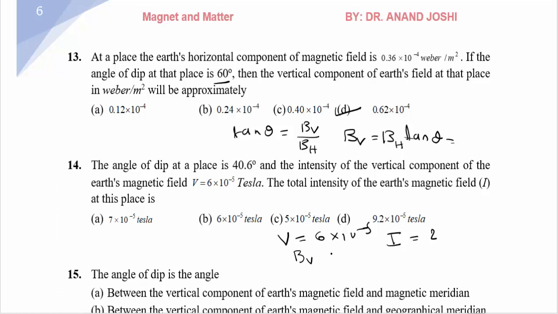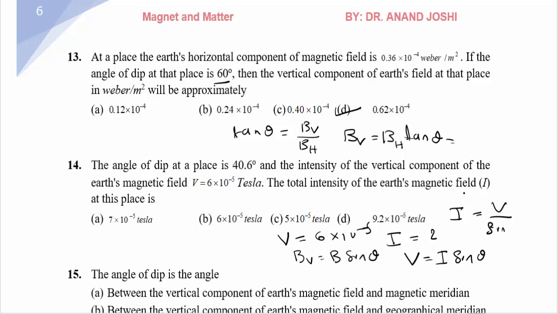BV equals B sine theta. Instead of BV it is written as V, and instead of B it is written as I into sine theta. Now I equals V by sine theta.